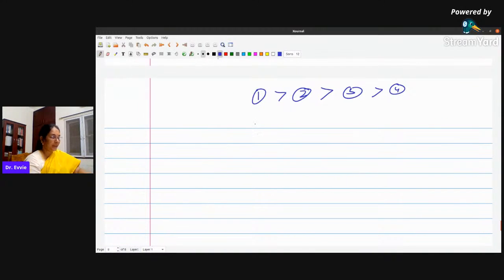Now, there are 2 more things which I have to tell you, because in each example there will be some exceptions. Let me do this now.